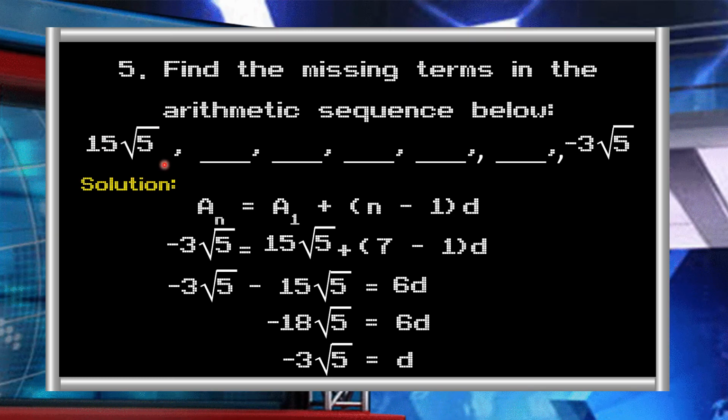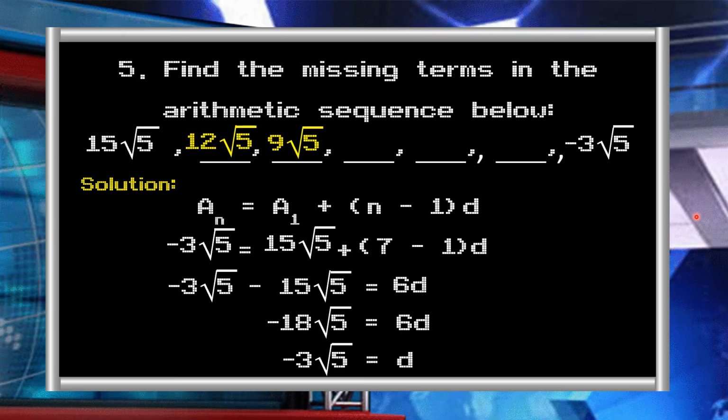And again, since similar terms sila, so kopyahin nyo lang yung square root of 5 and just work on 15 minus 3. And 15 minus 3 is equal to 12, and then just copy square root of 5. And then we have 12 minus 3 square root of 5. So parang 12 minus 3 lang, and then just copy square root of 5 ulit. So 12 minus 3 is 9 square root of 5.